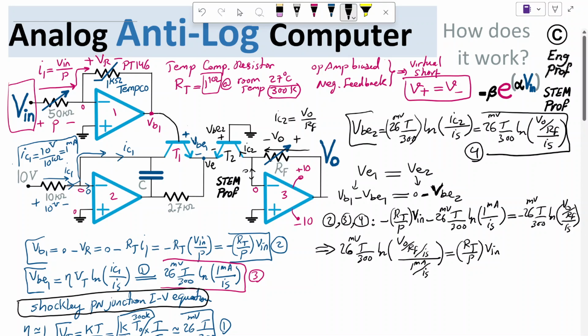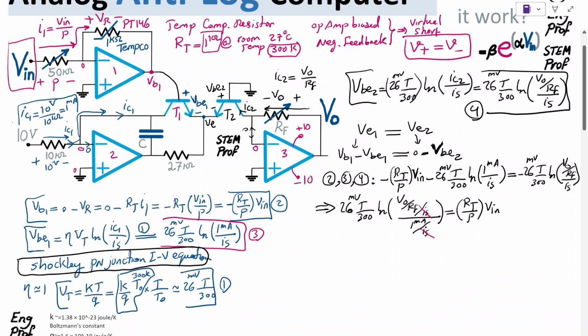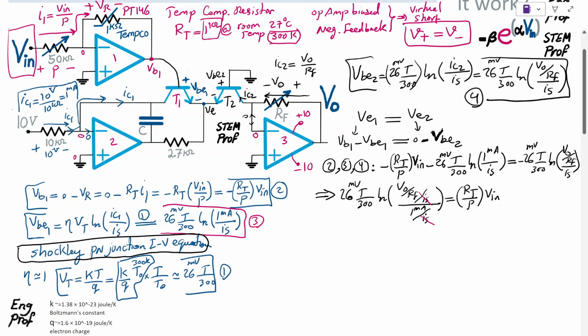Now, the real nice thing happened. IS disappeared. So we get rid of the major temperature dependency via this implementation shown here.